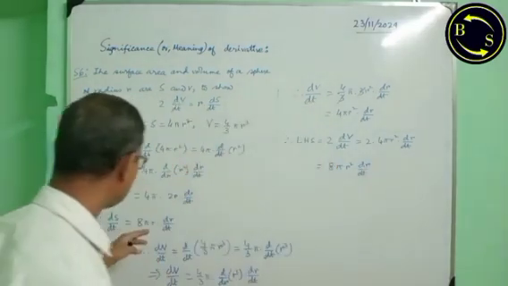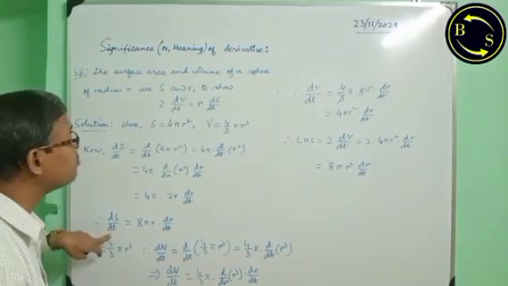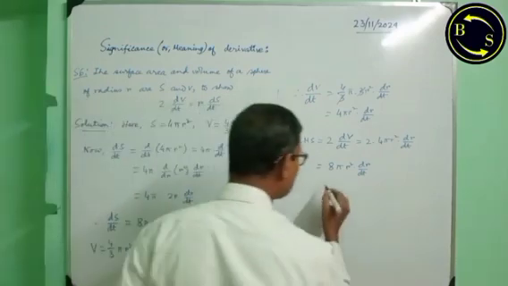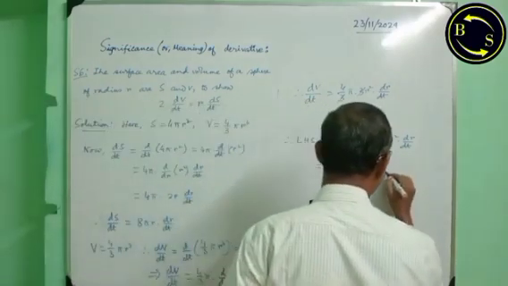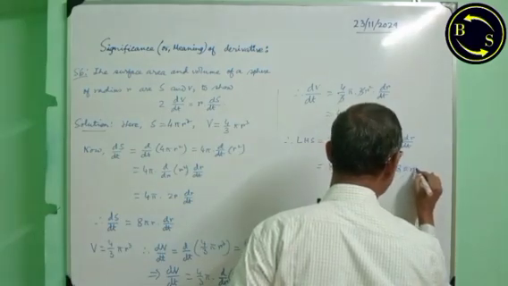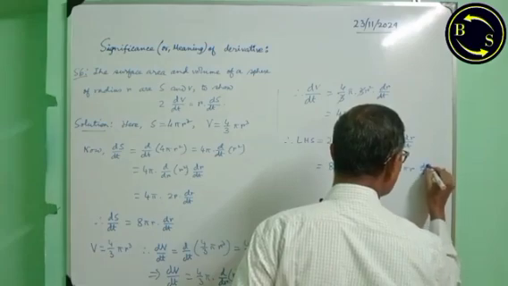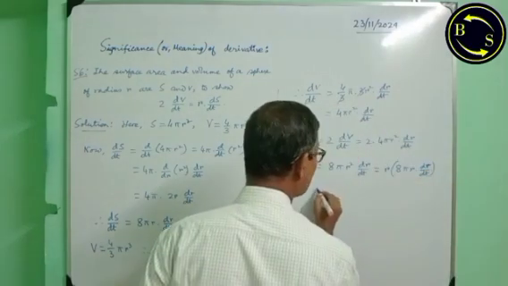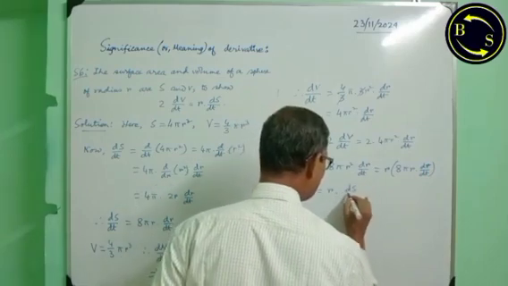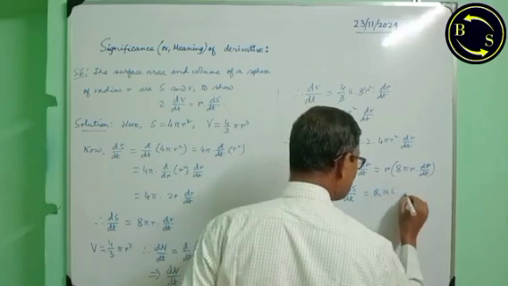Now we find 8 pi r dr/dt, that is equal to dS/dt. Therefore, I can write r into 8 pi r dr/dt, which is equal to r into dS/dt, that is equal to RHS.